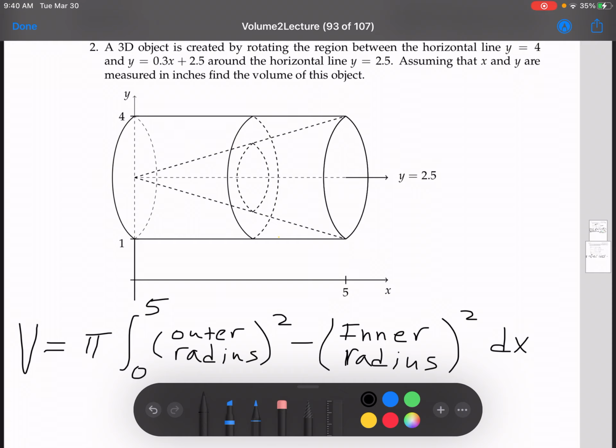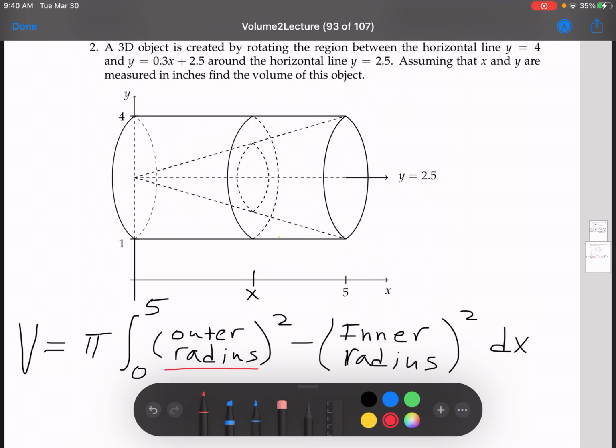And now let's find this outer radius and inner radius. Now, I'm just going to choose an arbitrary x between 0 and 5, this x here. And so first, let's find this outer radius.